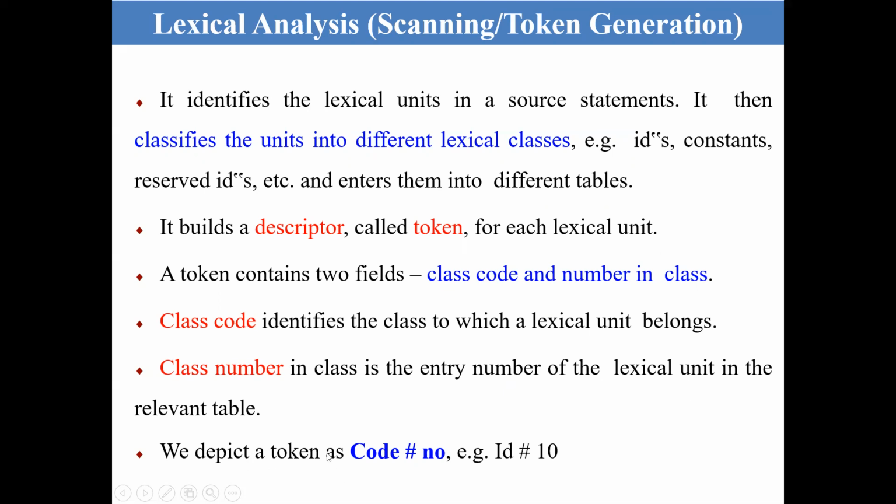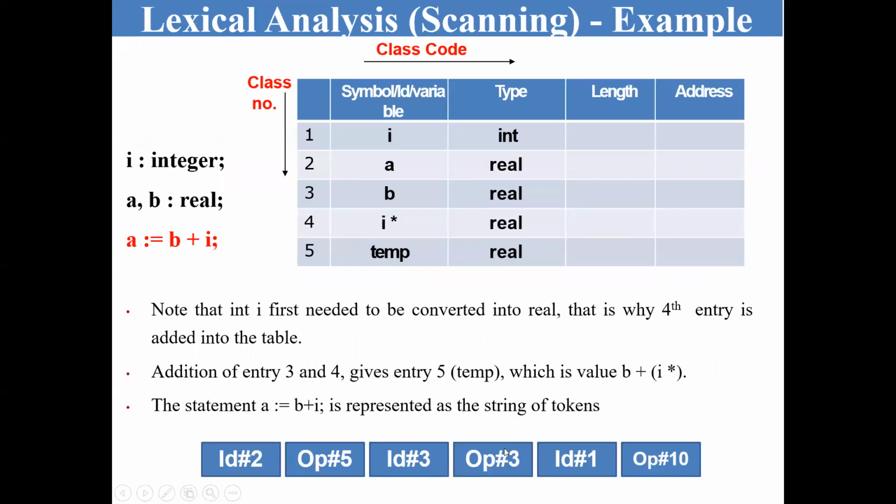So we define a token. First is the code hash number. For example, ID has 10. ID means identifier. Okay, let us see now an example. This is a simple example: I integer, a comma b real and a equal to b plus I semicolon.